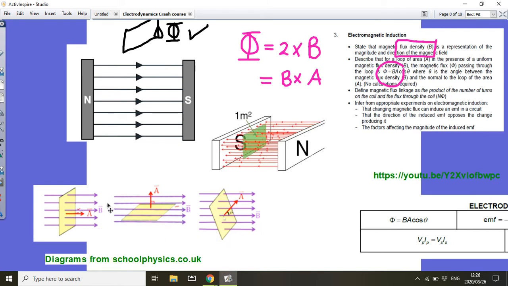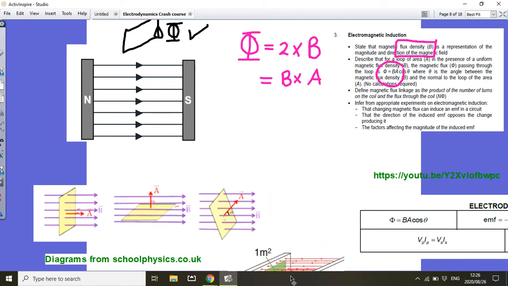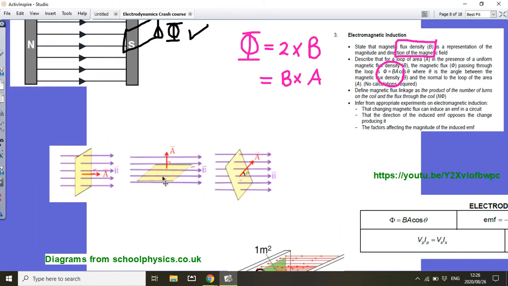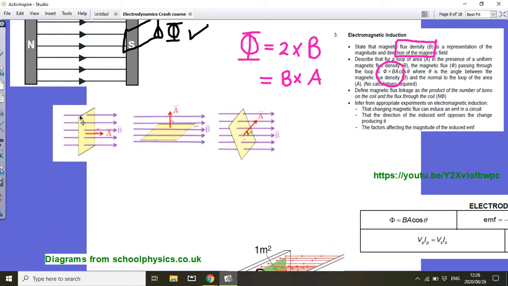If you look at something turning in a magnetic field, again, we need to look at the number of field lines passing through this area. I'm first going to just do it in the logical manner, and then we're going to look at the equations that you have. Let's move these out of the way. If you look at this one here, when it's in this position, with my North Pole and South Pole still here, you can see the magnetic field lines are the purple lines going from north to south.